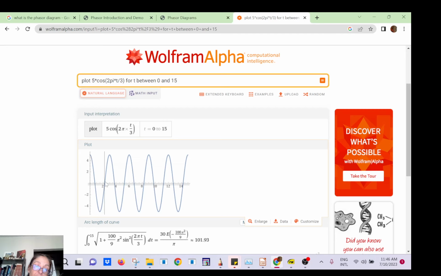Okay, so after 3 seconds, it's going to go back here. Another 3 seconds, that will be 6 seconds. You have 2 cycles. Another 3 seconds, you have 9, you have 3 cycles. And then another one, you have 4 cycles, and so forth and so on. So a cycle will be, you go up, you go down, and you go back to the same place.